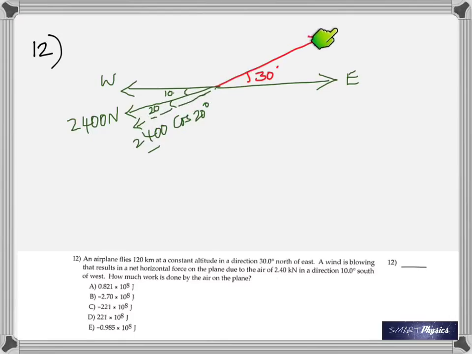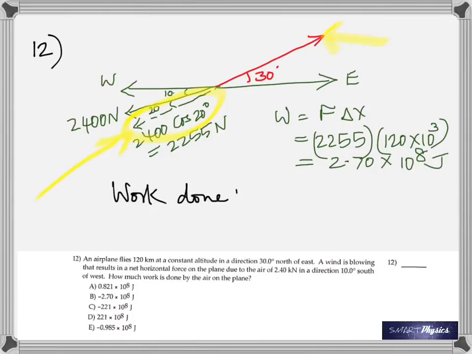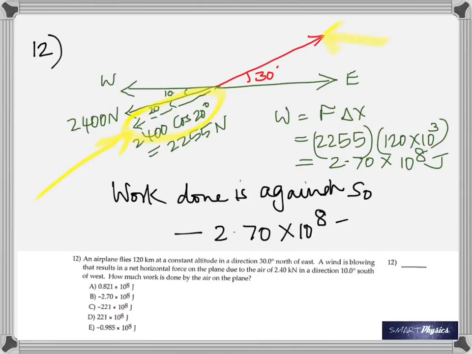And that's exactly opposite to how the airplane is flying. So I took that and then I said work is multiply the two because I've already taken the cos there. I get the work as 2.7 times 10 to the 8. And of course the work done is against, that's why it's negative.